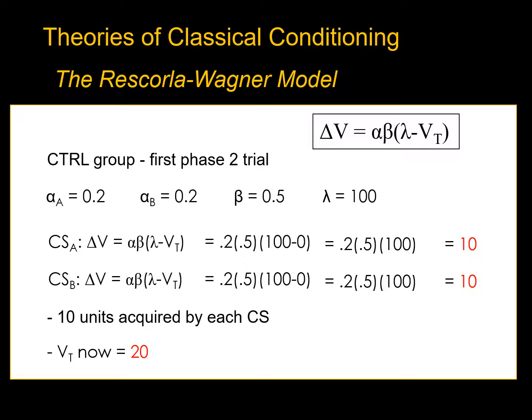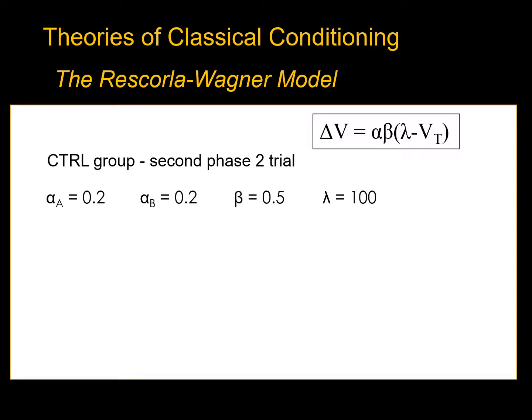If I was to ask you how many units of associative strength CSB has acquired after 3 conditioning trials, you'd have to do all the modeling and figure that out. If I asked you what V sub t is after 3 conditioning trials, that might involve slightly different math, because you'd have to add up the accumulated associative strength from both of the stimuli.